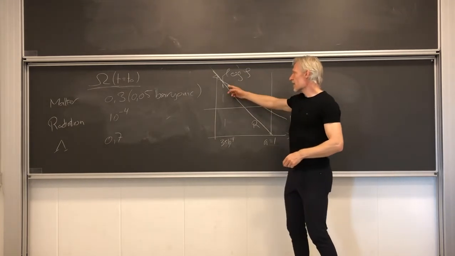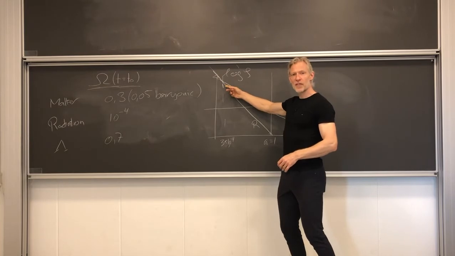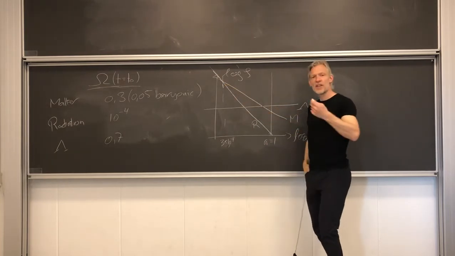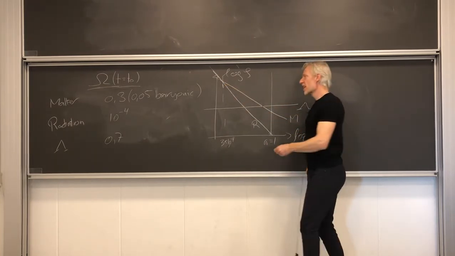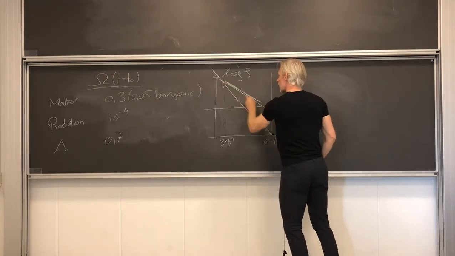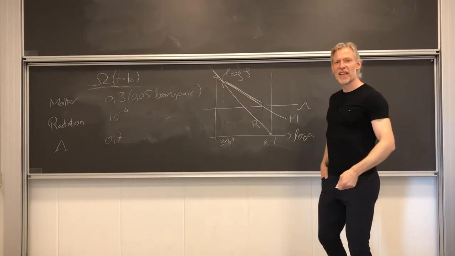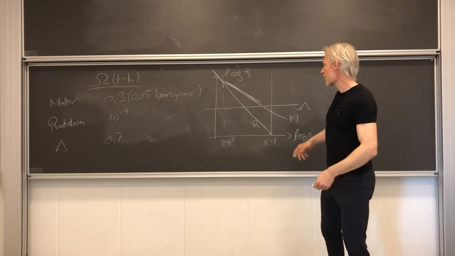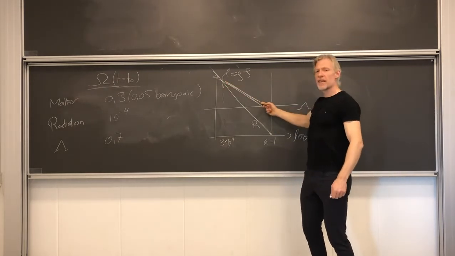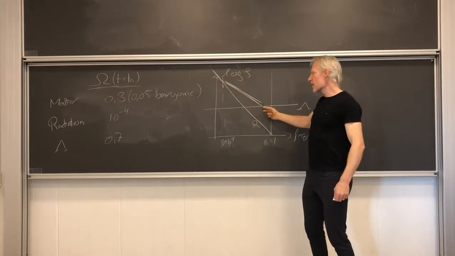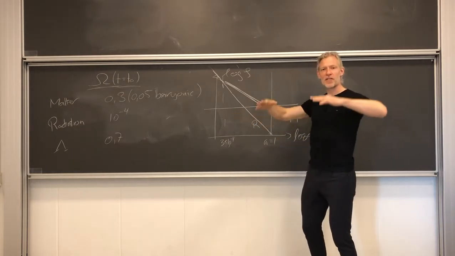Another thing we'll see later in the course when we do structure formation is that structure formation in a universe can work only during matter domination. So all the stuff that you see in the universe today, galaxies and clusters of galaxies and so on, they were all formed in this epoch here. Because once dark energy takes over, then structure formation stops.